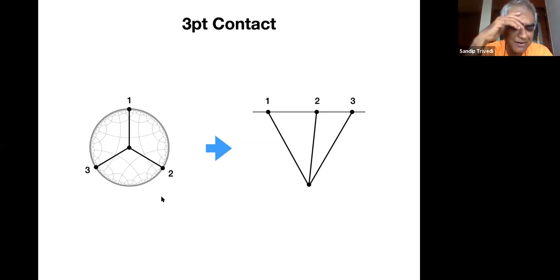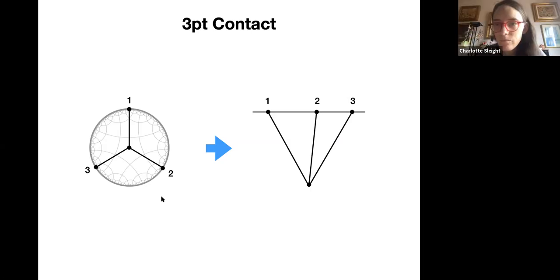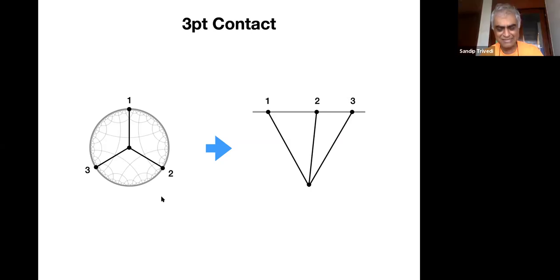Sorry, Charlotte, I'm going to ask you a very remedial question. Please forgive me, because I don't know this in-in formalism. I'm just trying to understand your pictures, your diagrams. I would have thought the in-in formalism has a contour where you first go out in time, insert the operators, and then come back, right? As you were saying.